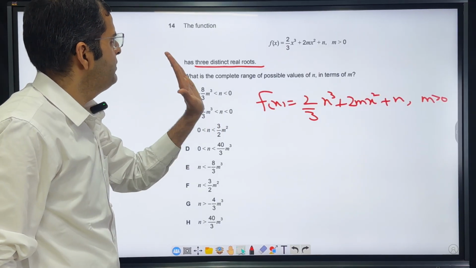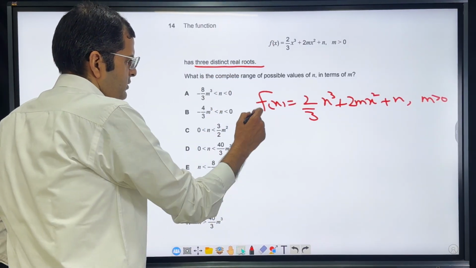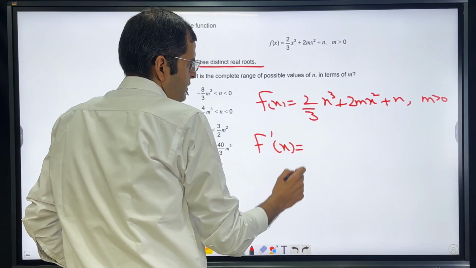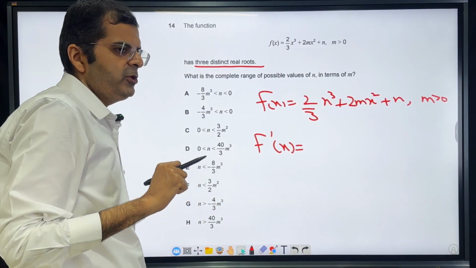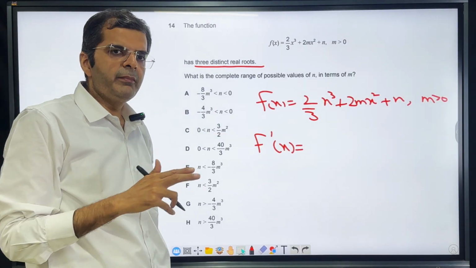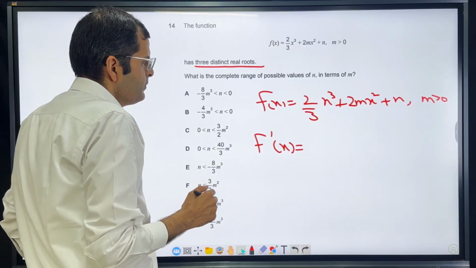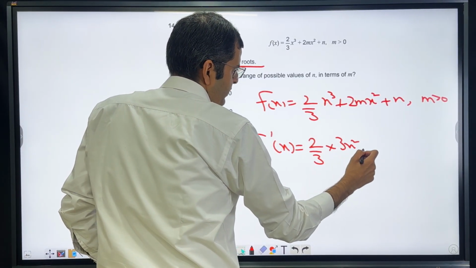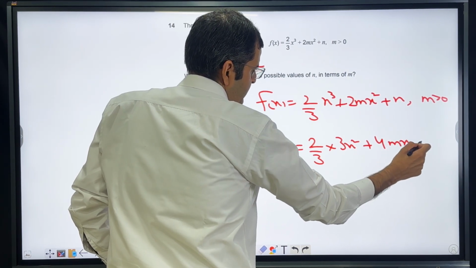So first of all, it has three distinct real roots. This is a cubic equation. So f dash x, if I find f dash x, it should have two roots because at two places the graph will take turns. So f dash x here will be 2 by 3 into 3x square plus 4mx.